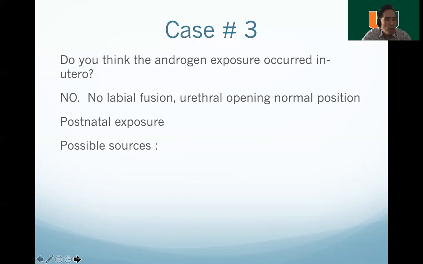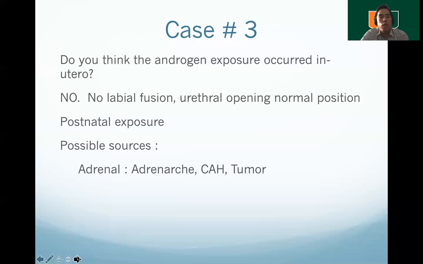Possible sources again could be adrenal. Adrenarche is probably unlikely because this sounds more severe: the patient is very young and there's a significant amount of pubic hair. CAH could be, a severe form but with enough 21-hydroxylase activity to produce aldosterone and cortisol.